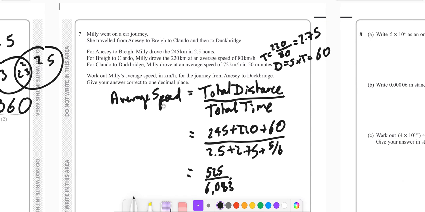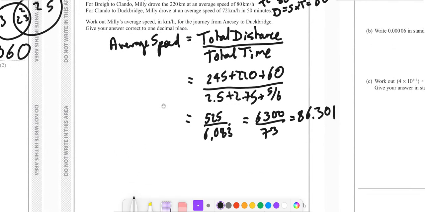Using the exact value, that is 6300 divided by 73. We want it to one decimal place, so that's 86.301, so that's 86.3.